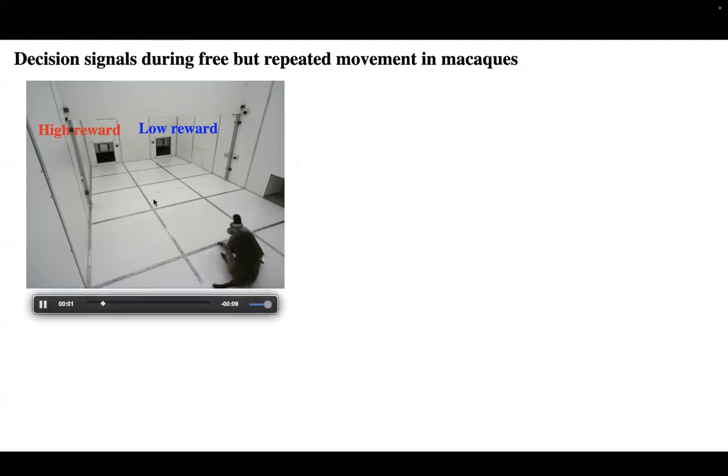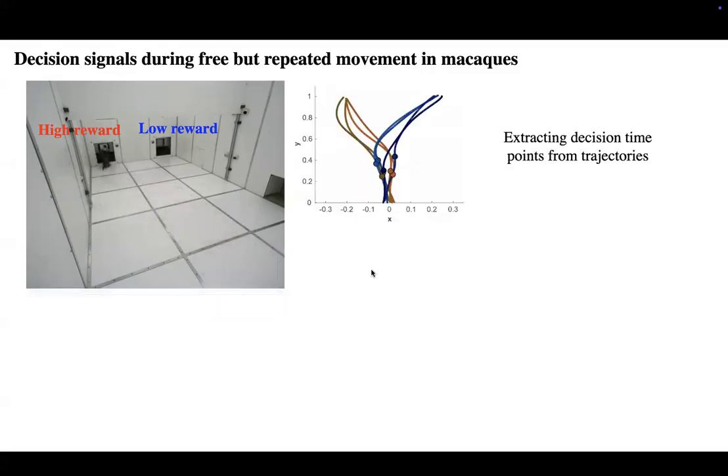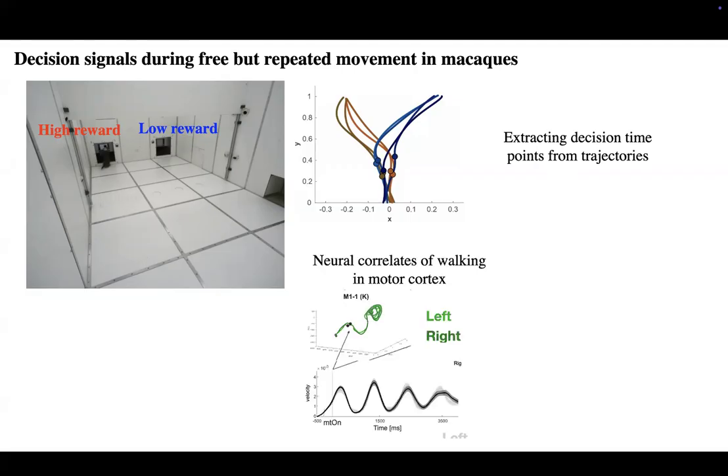What the monkey has to do is start walking, and mid-movement at a certain point the cues will arrive and it has to decide and move. Now, based on computer vision, we can extract nice trajectories whenever they decide to go to the left or to the right. Based on these trajectories, we are able to extract time points that we think are decision time points, and then we can align the neural data to them. So this brings freely moving work towards the more classical analysis regime.